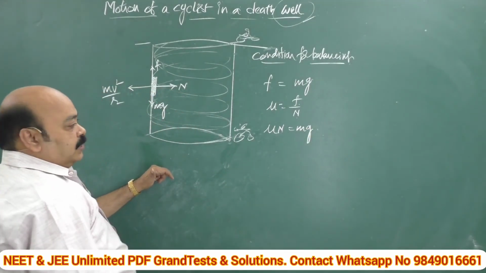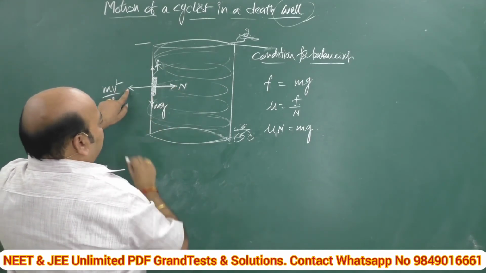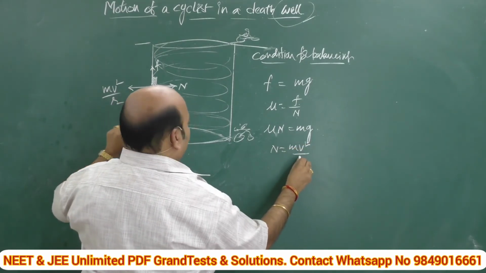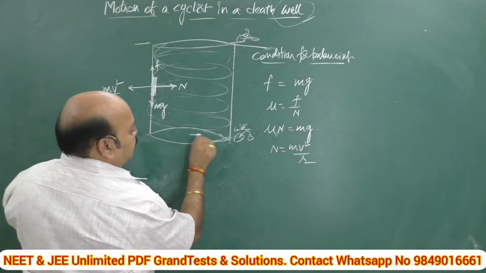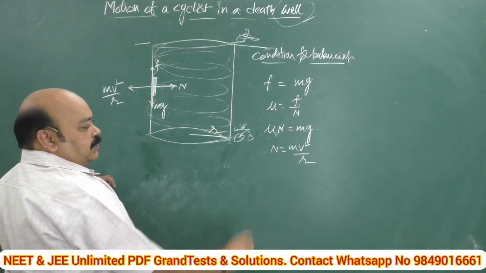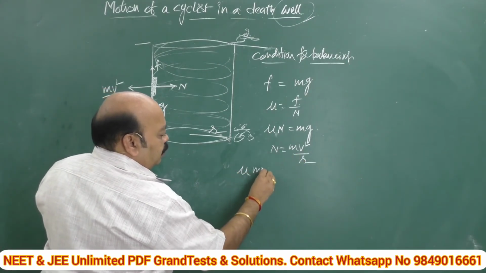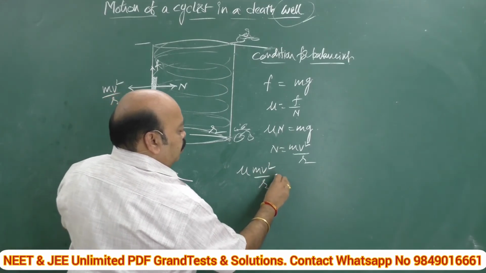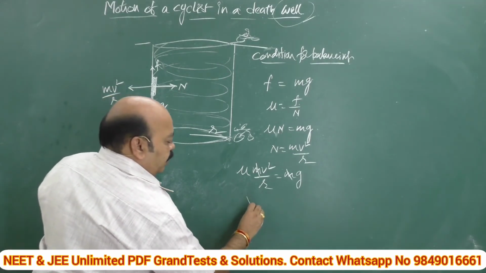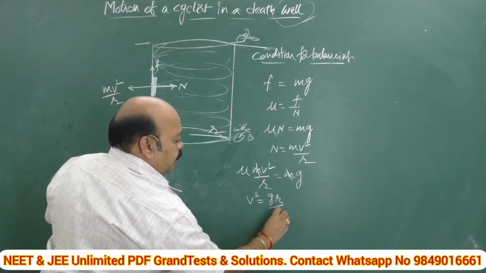Are you comfortable with this? What is the normal reaction? The reaction can be replaced with m v square by r, where r is the radius of the well, v is the velocity of the motorcyclist and m is his mass. If we substitute in the formula, mu in the place of N, mu m v square by r is equal to mg. Cancelling similar terms, v square is equal to g r by mu.